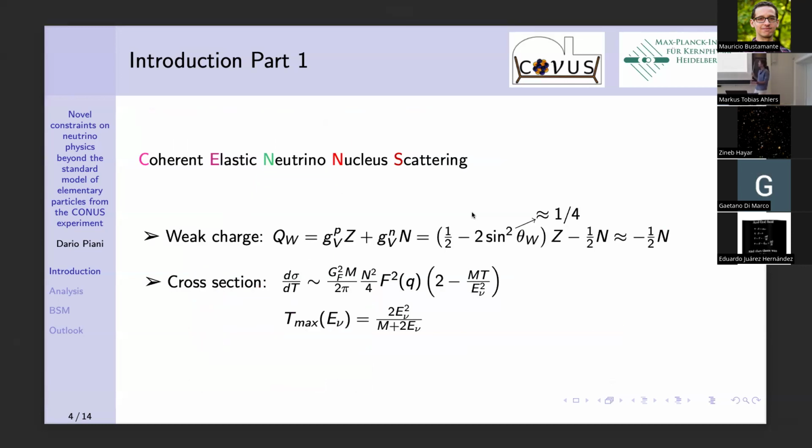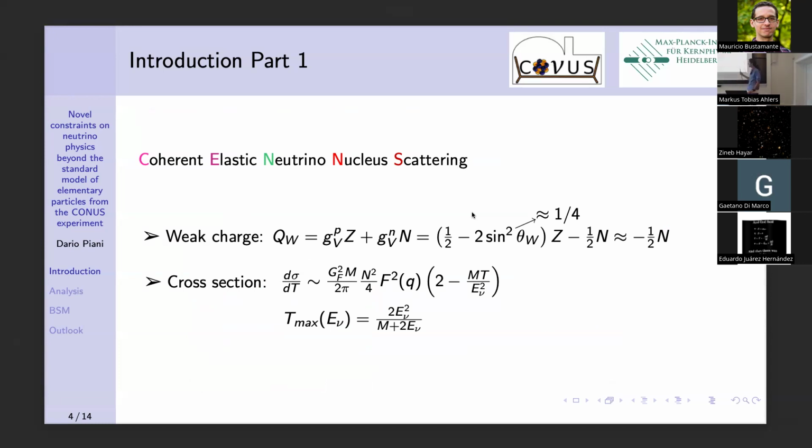So how do we describe this in the standard model? Well, we have a nuclear weak charge that is written down here. And very important is that it happens to scale more or less with the number of neutrons. And this brings coherent amplification in the scattering, as we can see here.